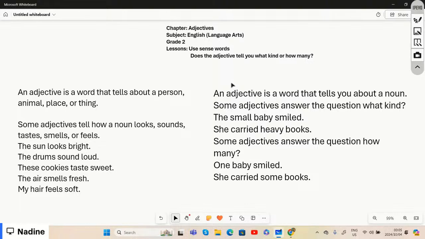That is our lessons for today. So does the adjective tell you what kind or how many? And we're going to use sense words.